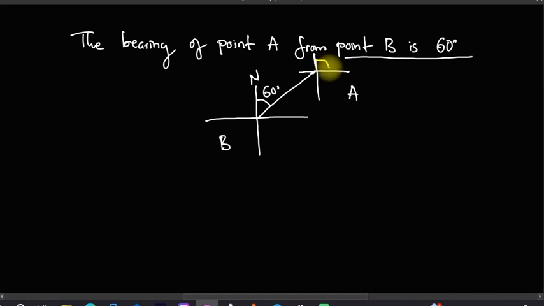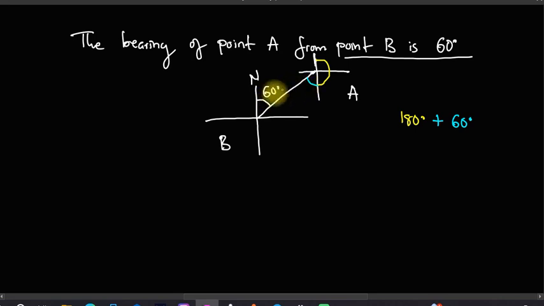So this, we have 90 degrees, 90 plus 90, 180 degrees, 180 plus this angle here, 60 degrees. Why 60 degrees?